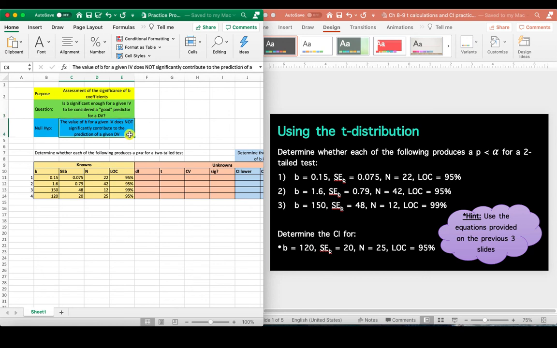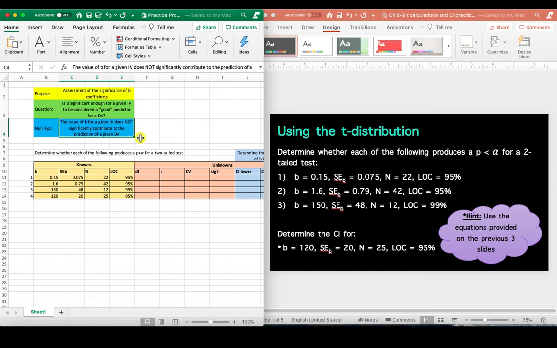So in this case, since we're testing whether we have significance or not, the null hypothesis for that p and alpha evaluation is that the value of B for a given independent variable does not significantly contribute to the prediction of a given dependent variable.